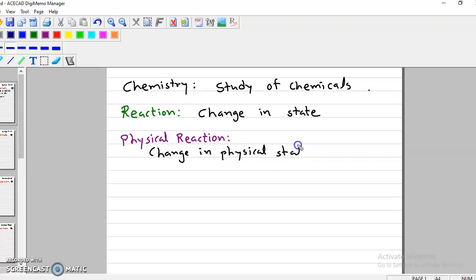Physical state changes mean either solid to liquid, liquid to gas, or gas to liquid, or liquid to solid, or solid to gas, like this. So these are called physical reactions.